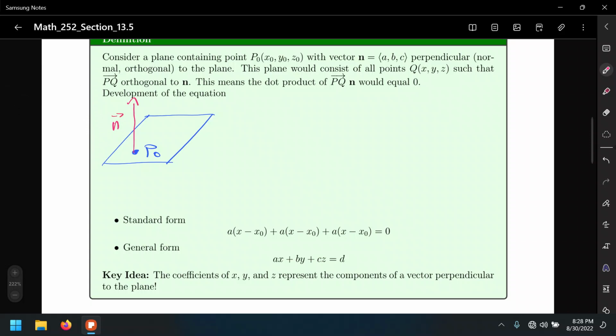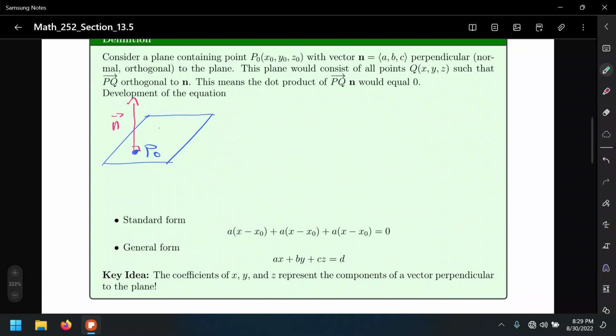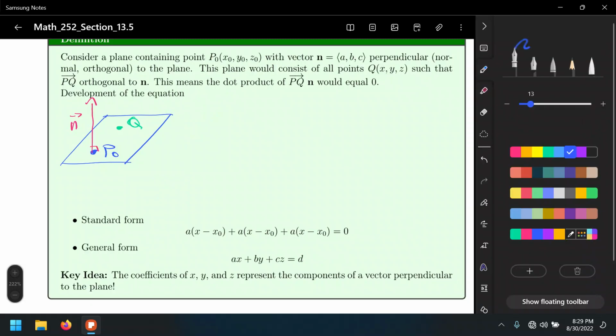This vector forms a 90-degree angle with every single vector in the plane. Let's call this point Q. P is the initial point, we've got that here.